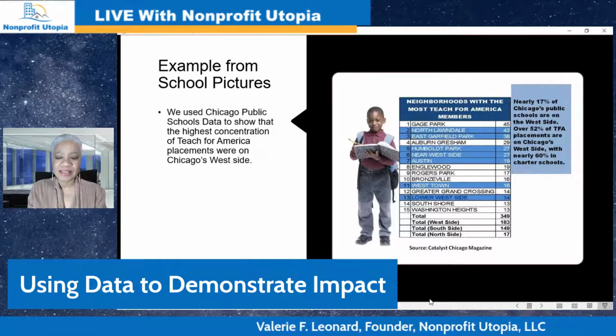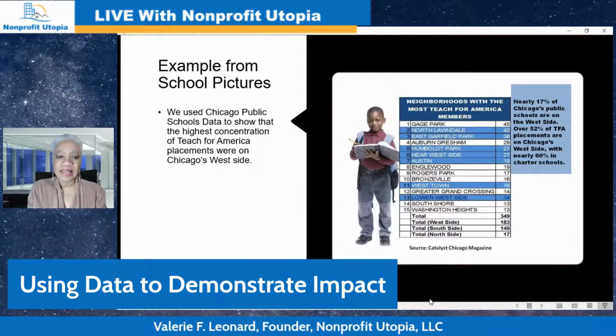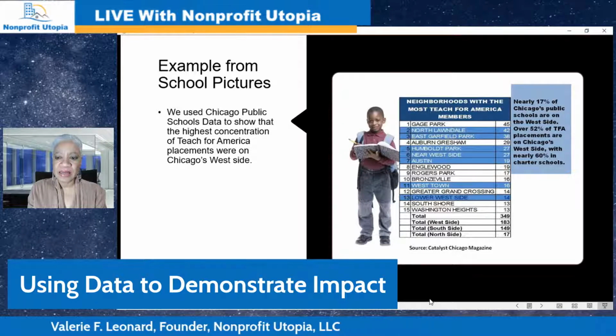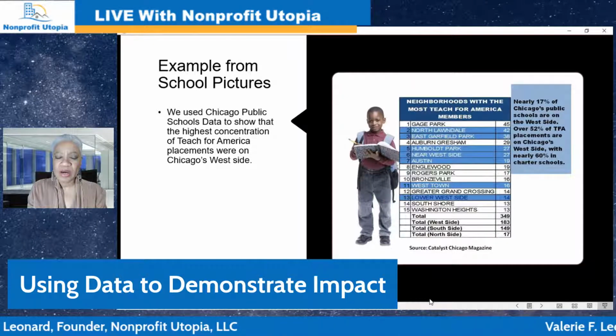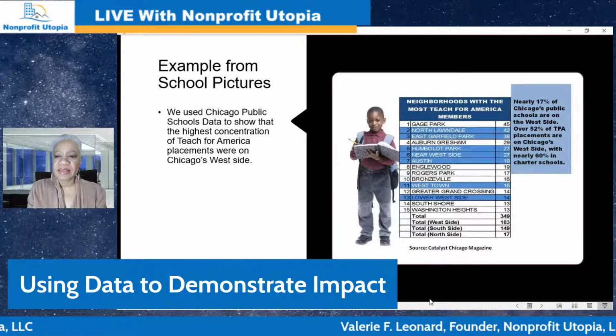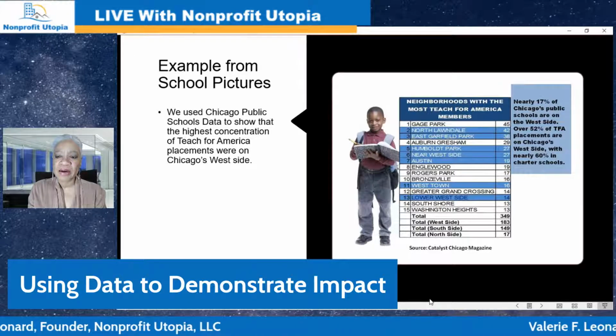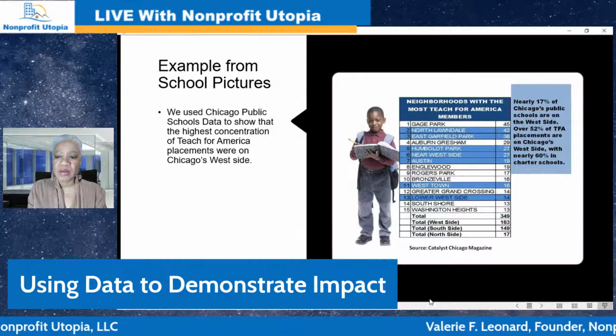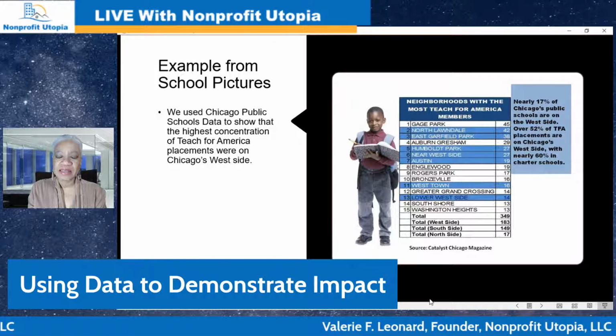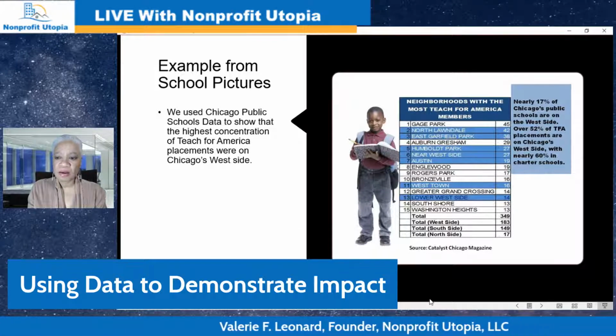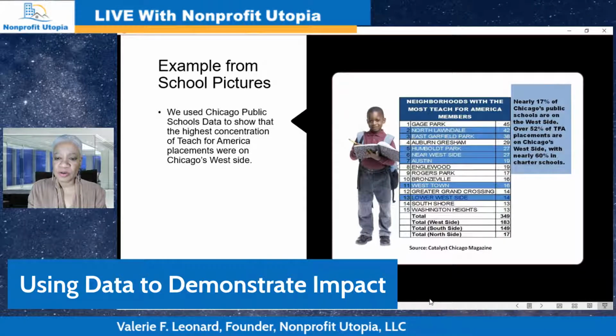All right, here's a slide from that particular town hall meeting. What we noticed was that nearly 17% of Chicago public schools are on the west side. However, 52% of Teach for America placements were on the west side, and about 60% of that placement was in charter schools.